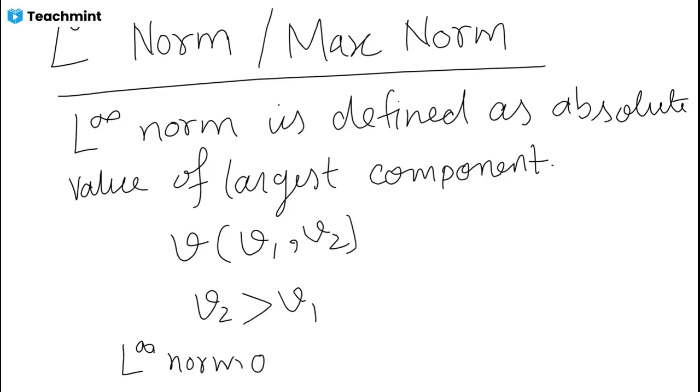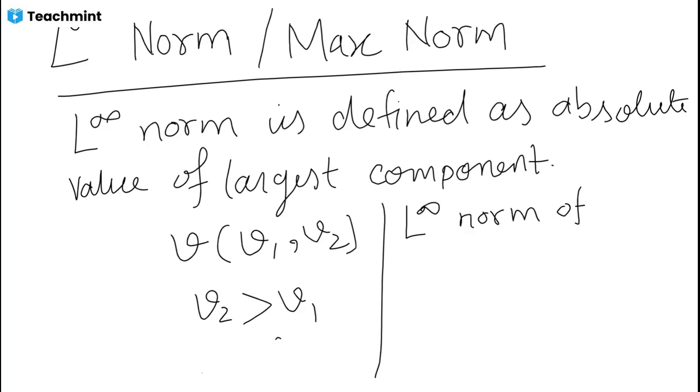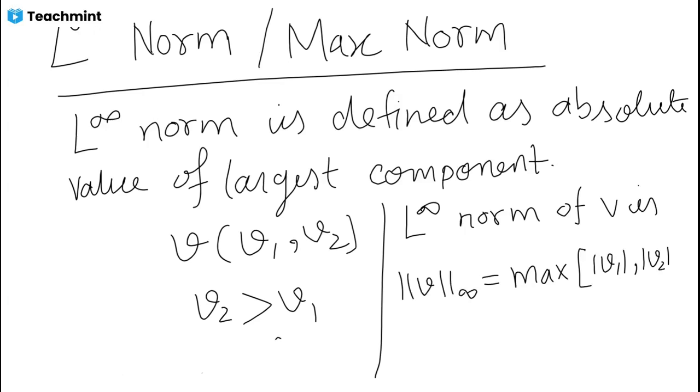of v, using this symbol, is equal to the max of the absolute value of v1 or v2, whichever is greater, we take that.